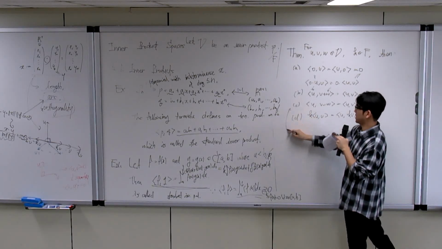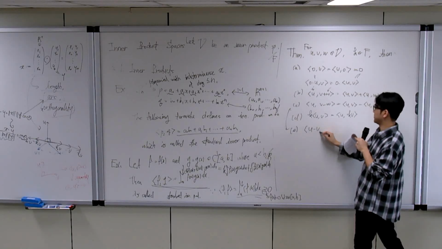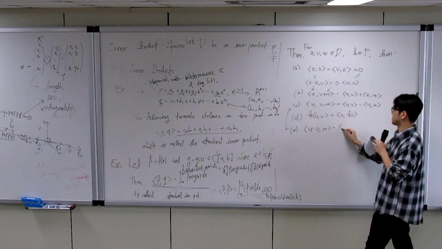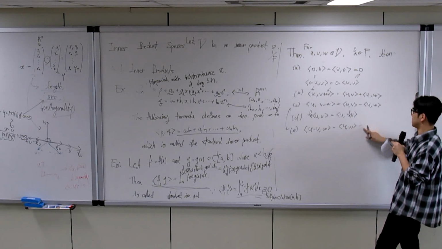Also, the property (u, v minus w) is equal to (u,v) minus (u,w).